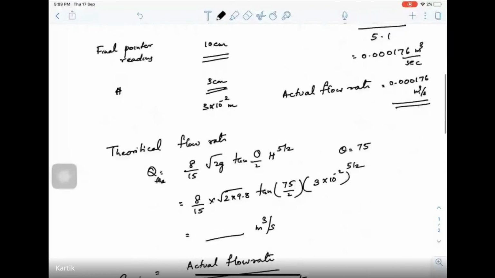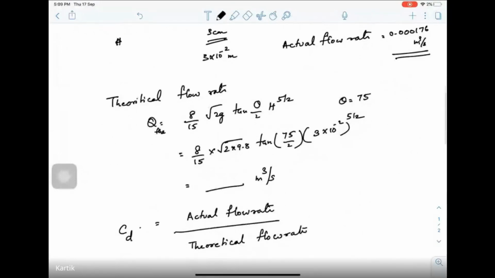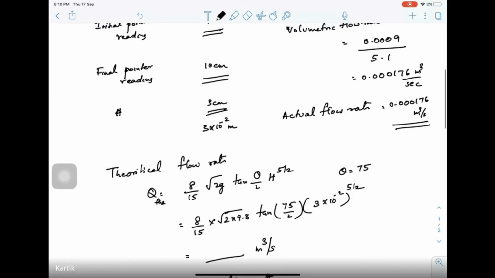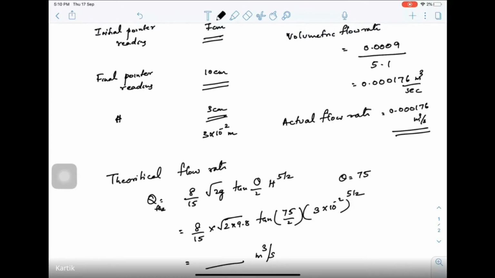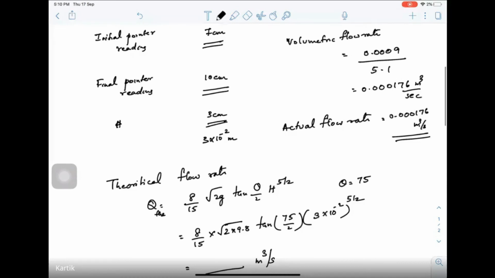Now the theoretical flow rate we can calculate from these readings. Q theoretical is equal to 8 by 15 into the square root of 2g into tan theta by 2 into h raised to 5 by 2. We can input these values: g is 9.8, theta, the angle of the V notch, is 75 degrees, and h is the height above the crest of the notch. 7 centimeter was the reading when the water was just spilling over the notch, and the final pointer reading refers to the head above the crest of the notch when you have a constant flow rate.